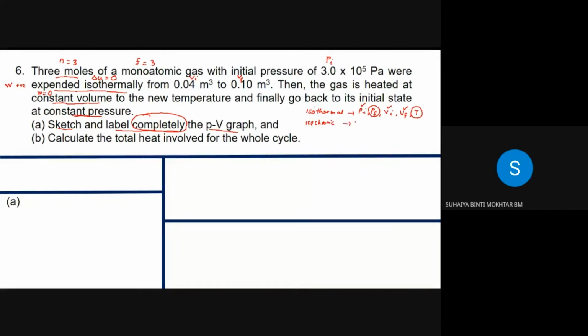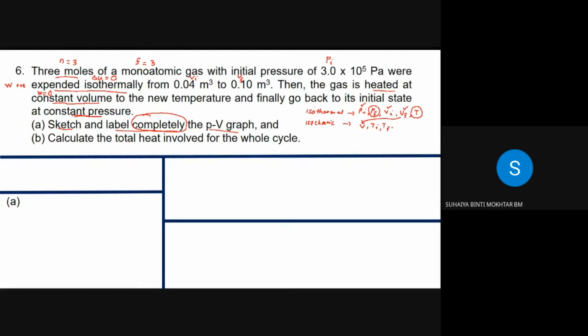Isochoric. Initial, constant volume. The constant volume here continues from the final volume here. So V for isochoric is V final, the same V. Isochoric here is heated, so we have T initial and T final.